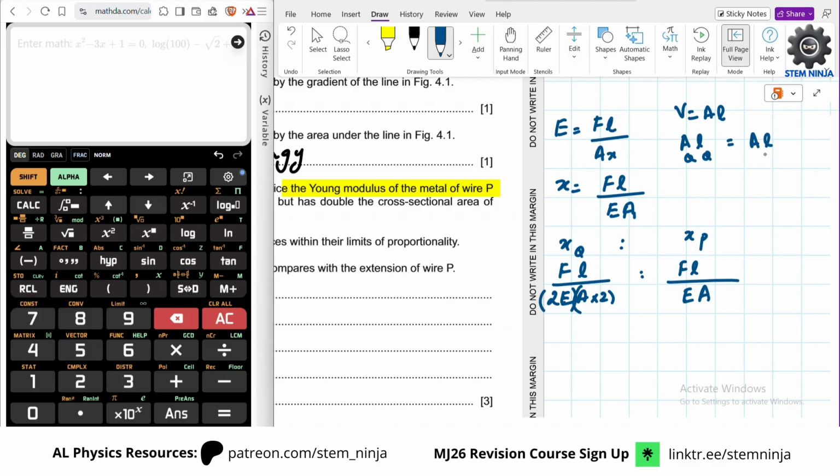So A of Q times L of Q equals A of P times L of P. AQ is 2 times the area of P, so AP gets cancelled, so LP is twice LQ, or LQ is half of LP. So we will multiply this by half, and that's all the factors that we need to consider.